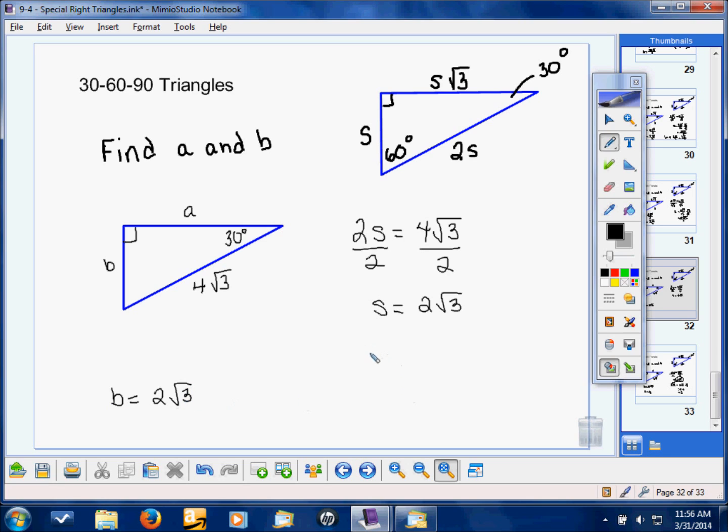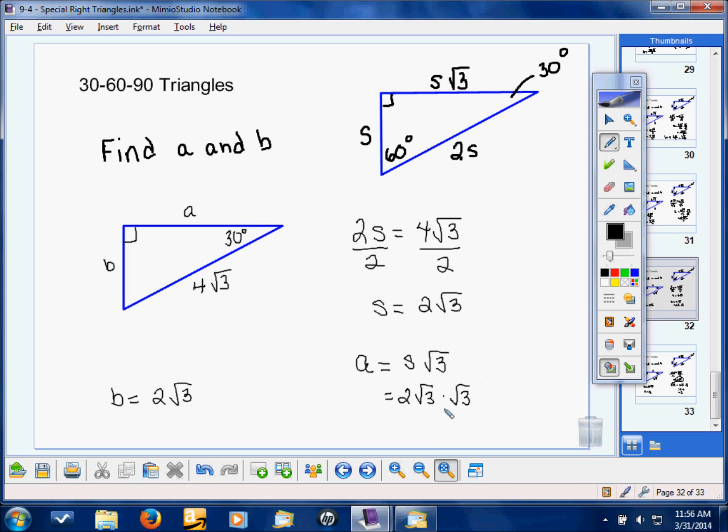And then that means that A is s square roots of 3, s square roots of 3 times 2 square roots of 3. So now be very careful here. 2 square root of 3 times square root of 3.